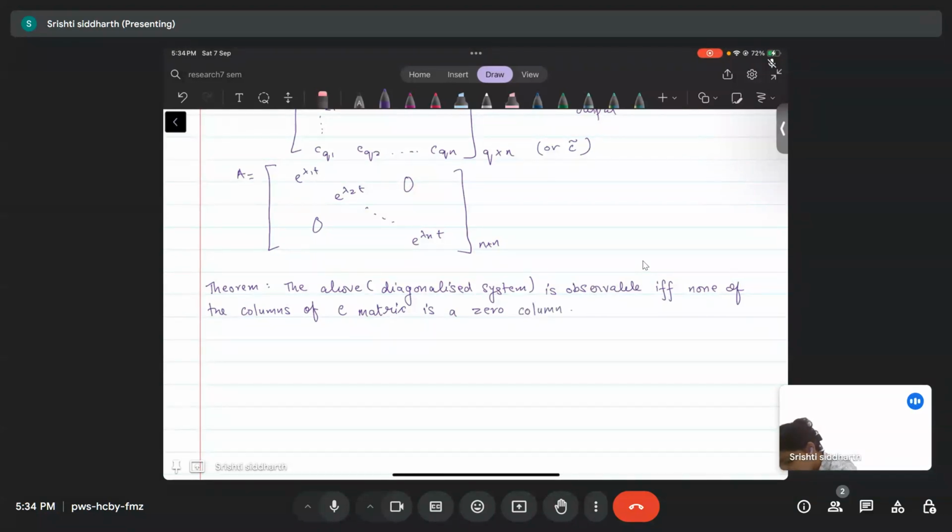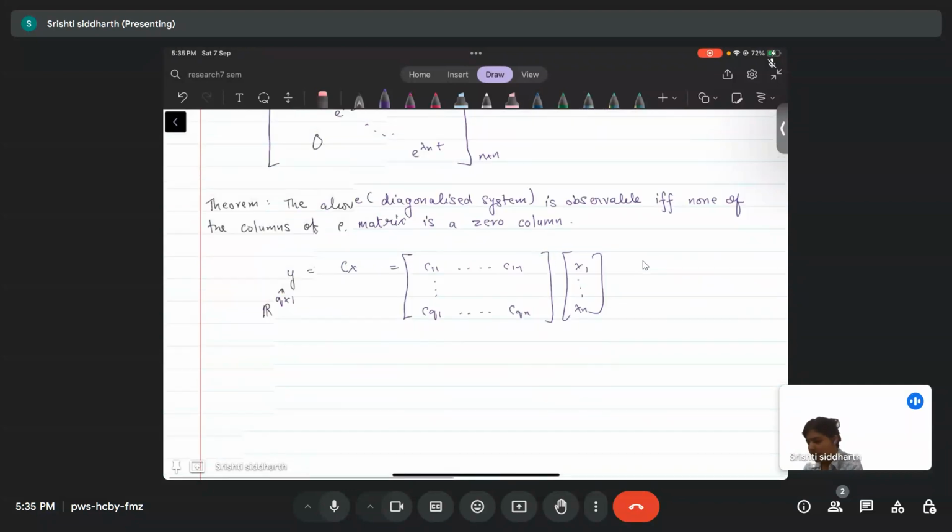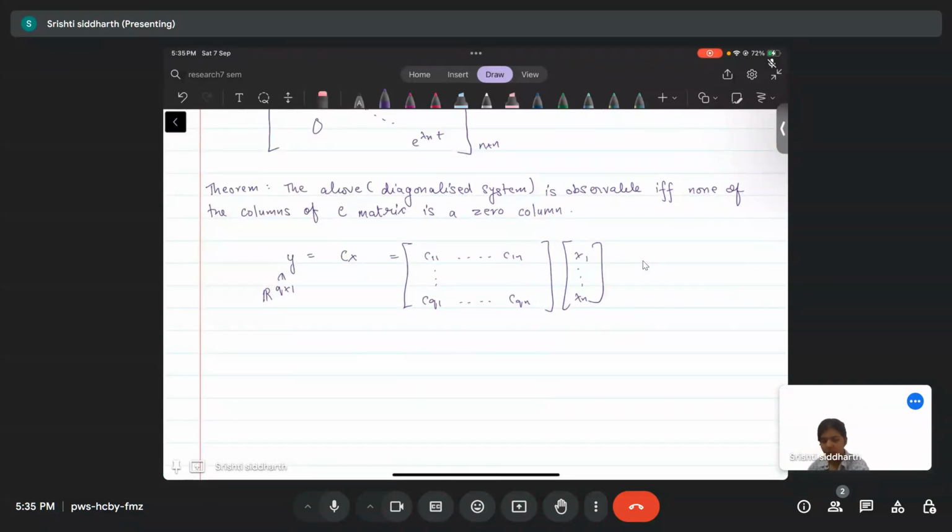This is because, let's say that y was simply Cx, with C11 up to C1n, down to Cq1 up to Cqn, times x1 through xn. So this is actually a q by 1 vector. So when are all the states observable?